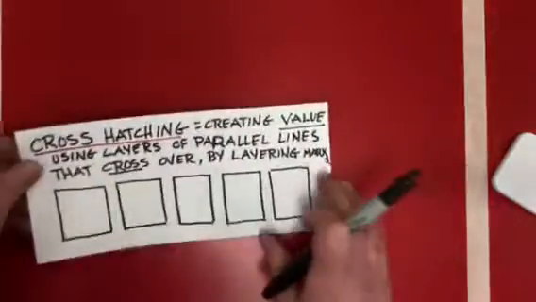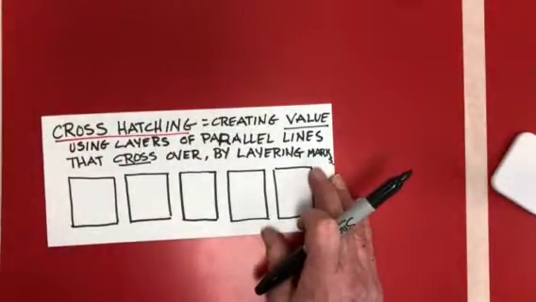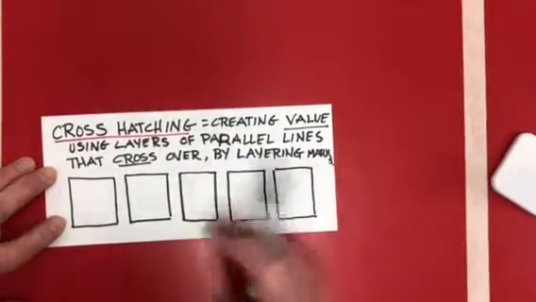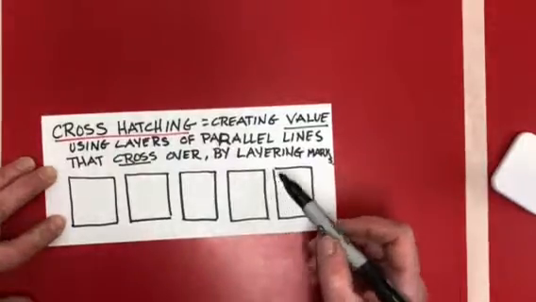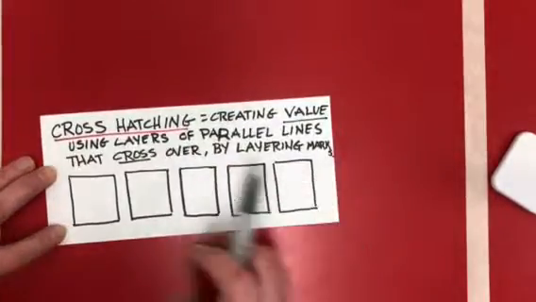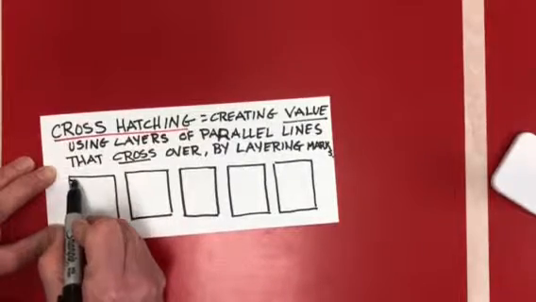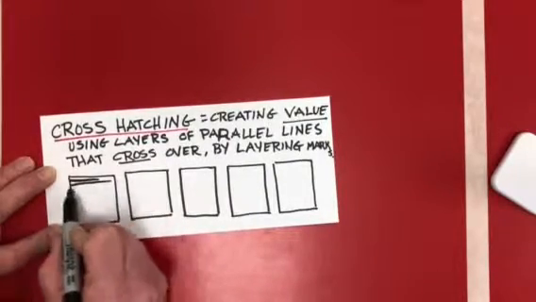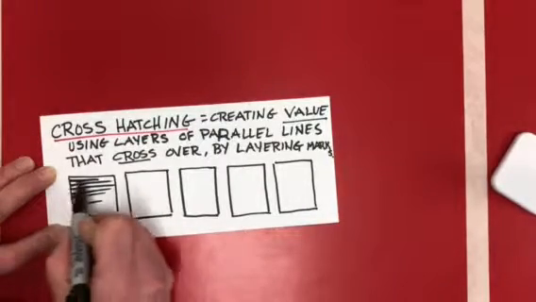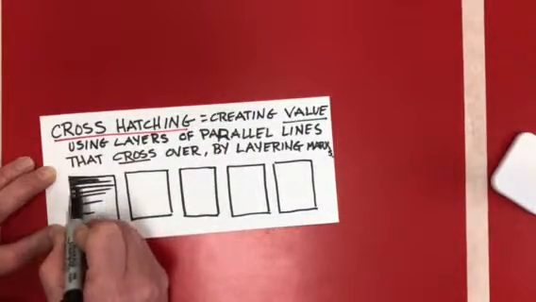The second way is cross hatching. When you create value by using layers of parallel lines that cross back over top. So using layers of marks. So one we could do is like what we just started, where we have parallel lines going horizontally. The more space in between them, the lighter the value.